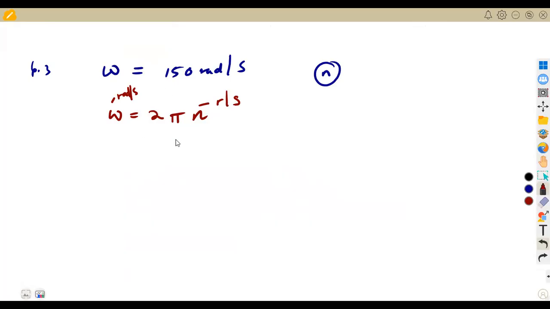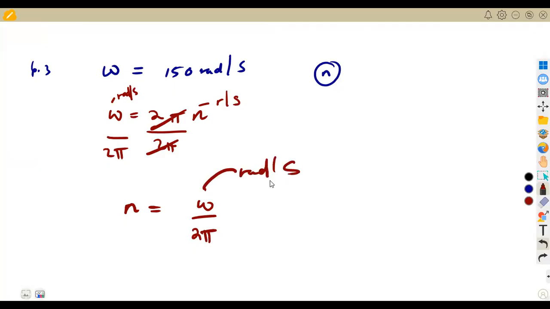So we can calculate n from this formula. We can make n the subject by dividing by 2 pi on both sides, so that we remain with n, because we want to calculate n representing our speed. So n is going to be given as omega over 2 pi. Like I said, if omega is in rad per second, it means n will be revolutions per second. That is the idea that you're going to use there.